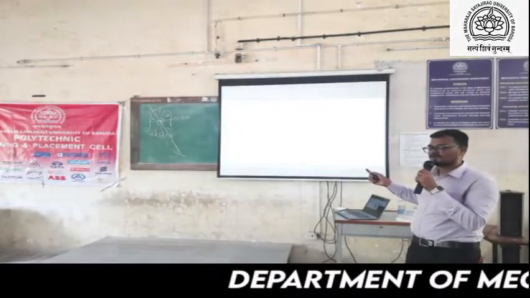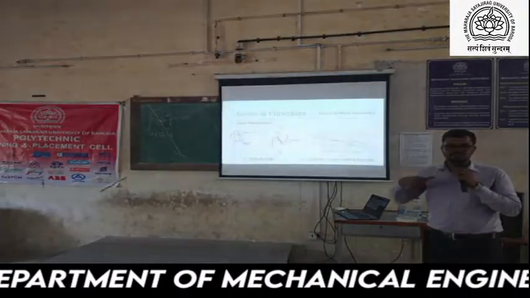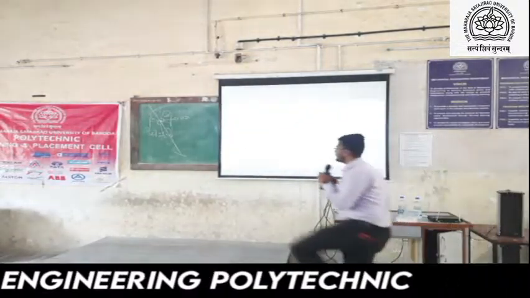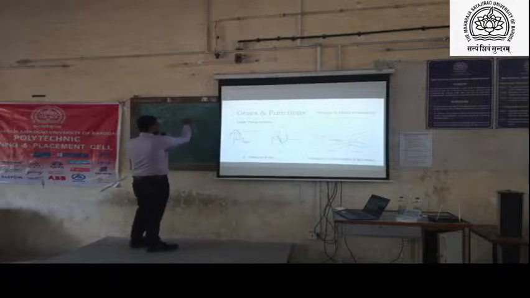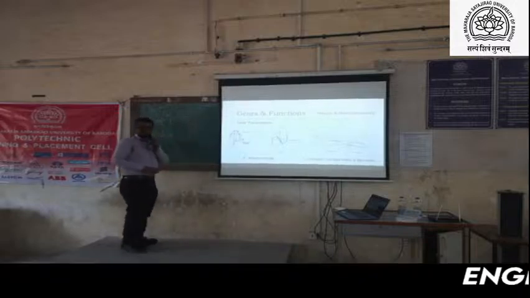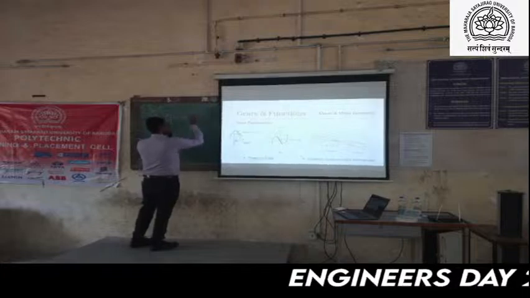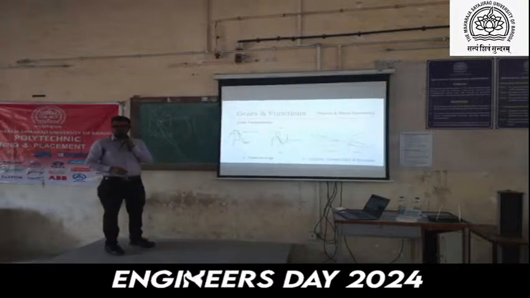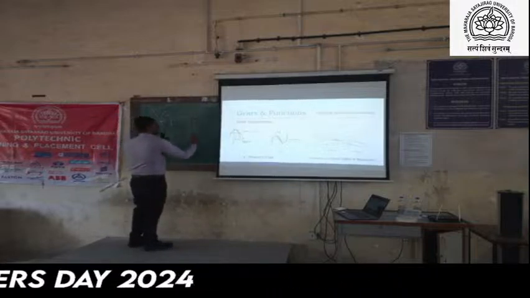How can we calculate the total contact area? Wheel is there, pinion is here. Yes, no? Can you understand now? So this area will be the contact.